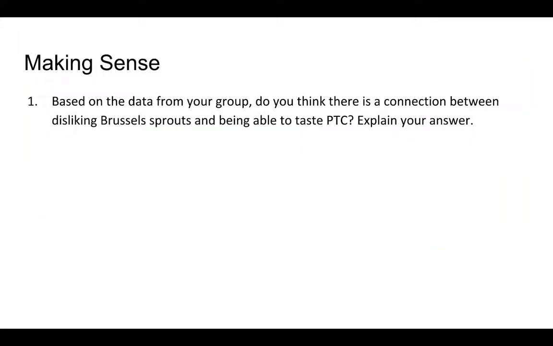And then we're going to answer our making sense questions. Number one is: based on the data from your group, do you think there is a connection between disliking Brussels sprouts and being able to taste PTC? Explain your answer. That is for you to answer. You need to come up with this on your own, and it needs to be a complete sentence.